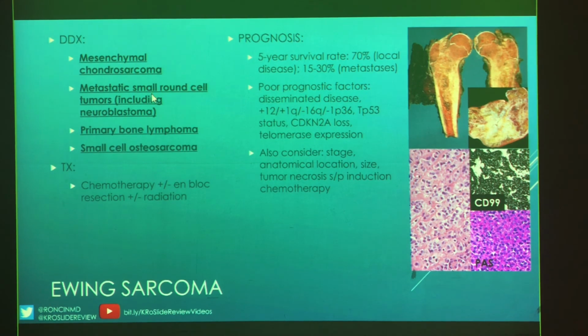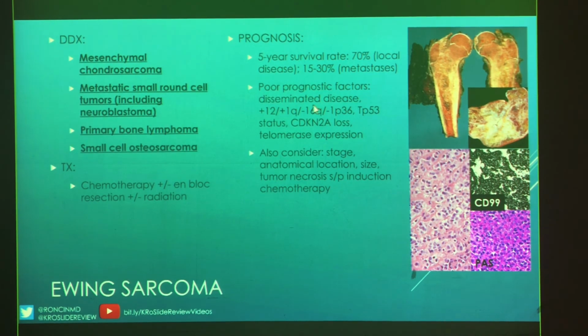Okay, your differential. So metastatic small round blue cell tumors, including neuroblastoma, lymphomas, small cell osteosarcoma, mesenchymal chondrosarcoma. Again, you can see why that's in the differential. They're going to do chemotherapy, en bloc resection, and then they may do radiation. 5-year survival rate, 70%. That sounds pretty good. They tend to get local disease, however, and 15 to 30% of them will develop metastases.